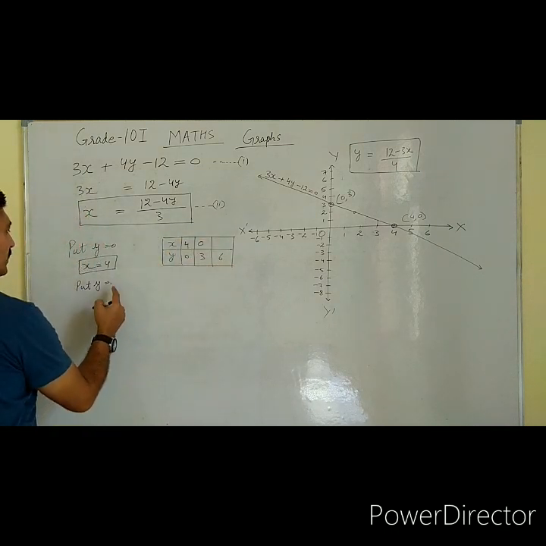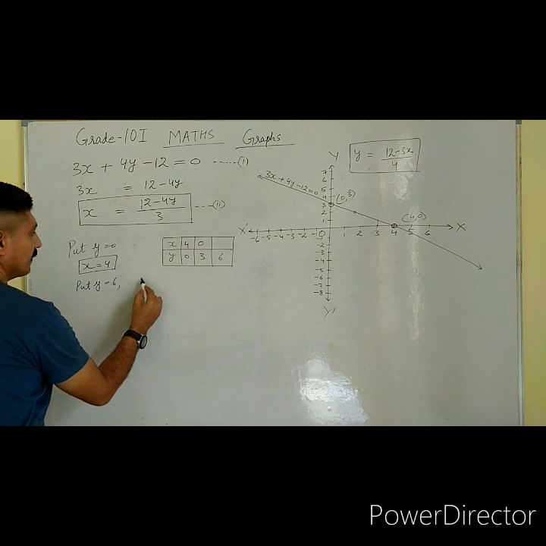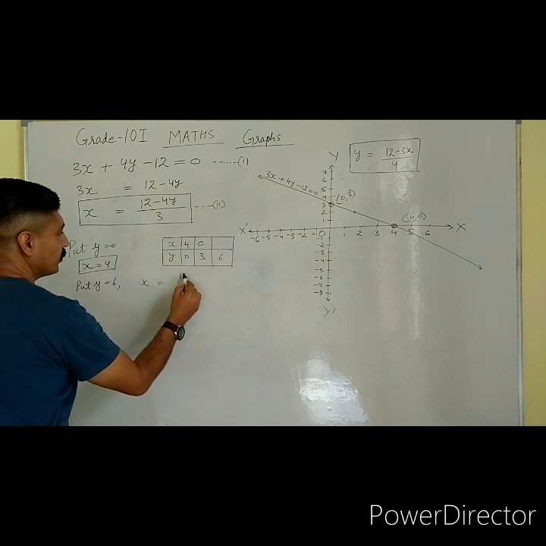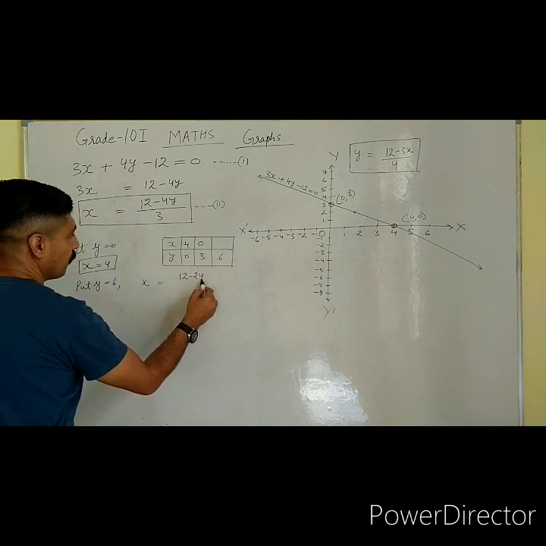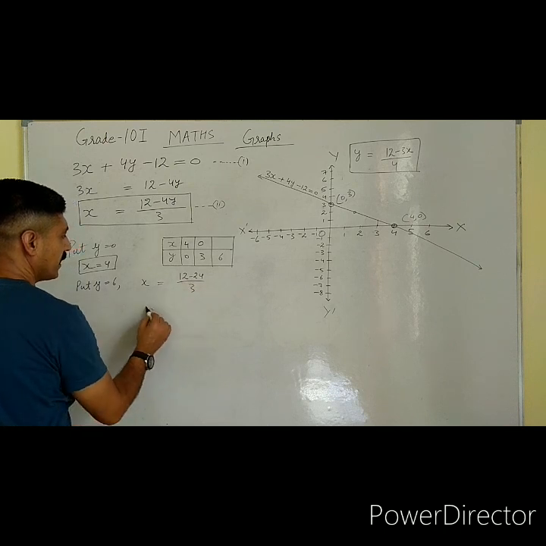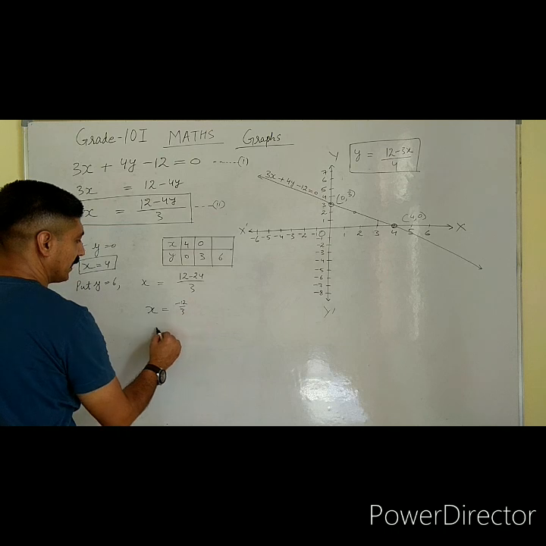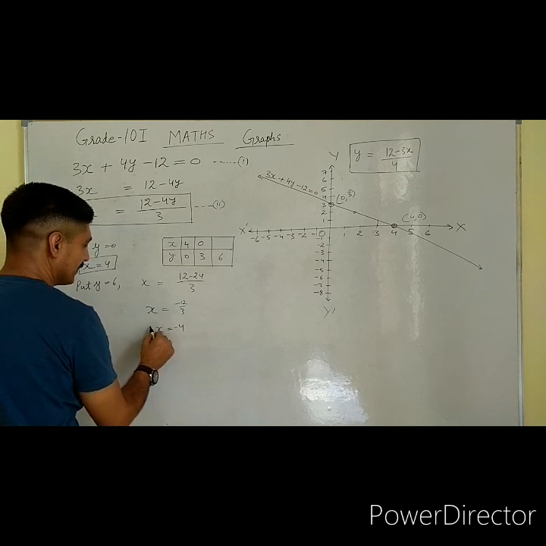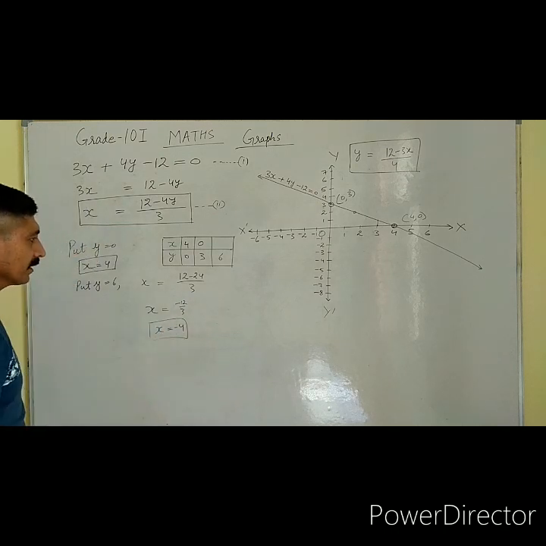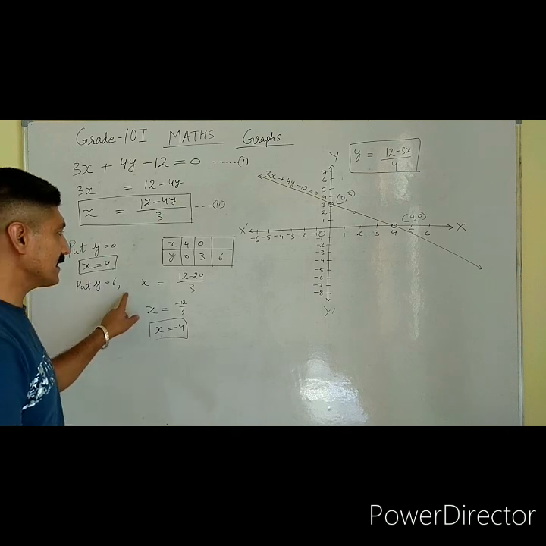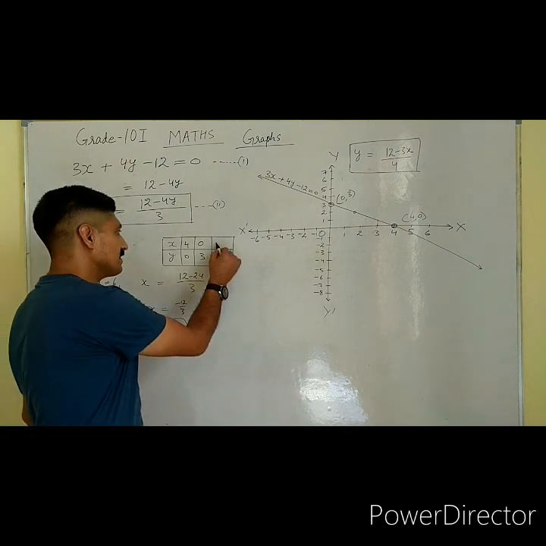If y is equal to 6, put y is equal to 6. The value of x is equal to (12 minus 24) upon 3. So again the value of x is equal to minus 12 upon 3, that is x is equal to minus 4 here. If the value of y is 6, the value of x is minus 4.